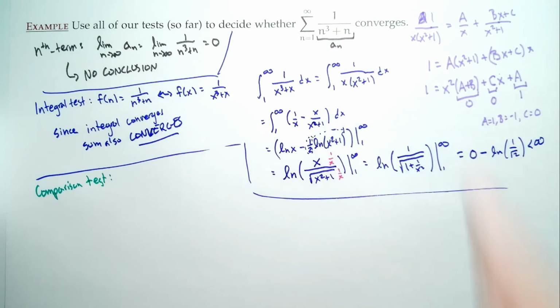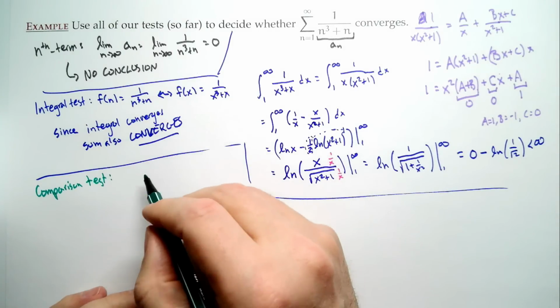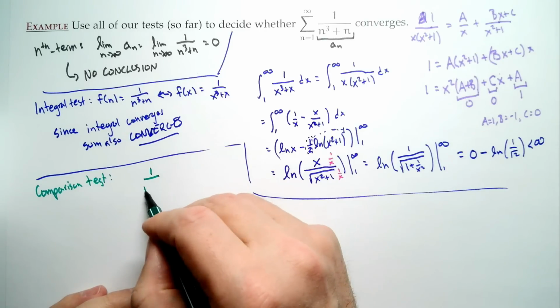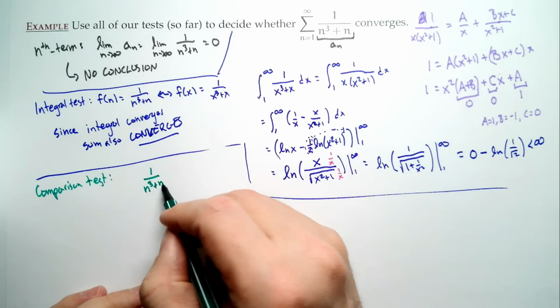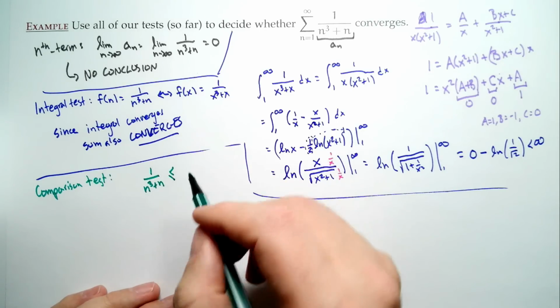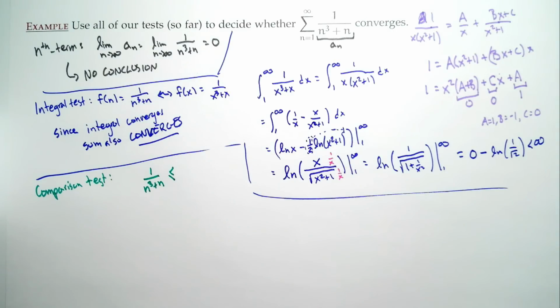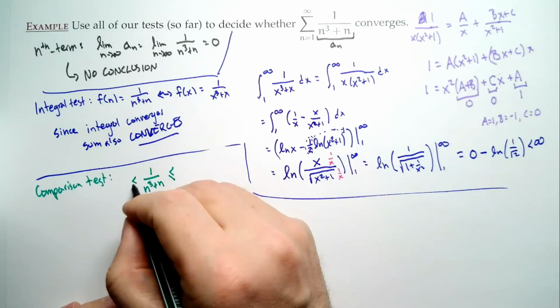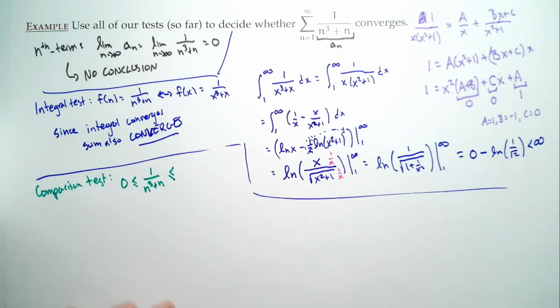If it looks like a 1 over n cubed, that's something which converges. So if we think it's converging, we want to make something that's a little bit bigger than that, which will also converge. And of course, we want to make sure this is not negative, and it's true. Our 1 over n cubed plus n is certainly never going to be negative.